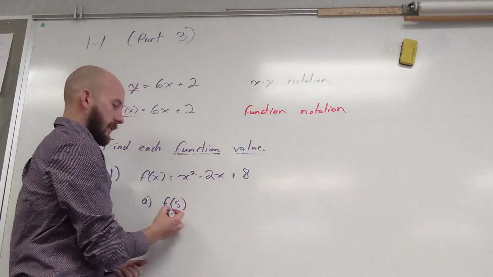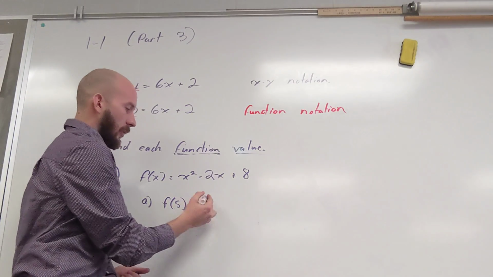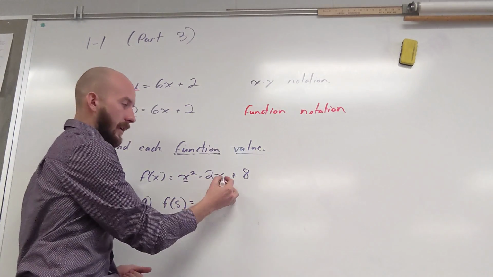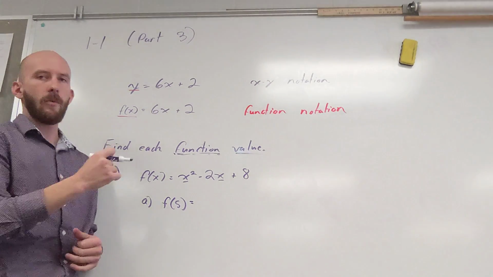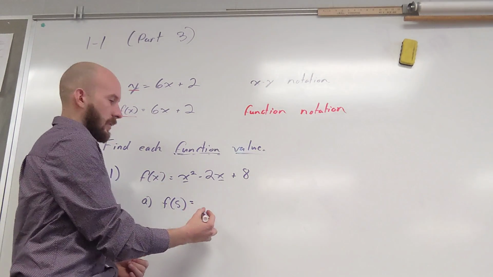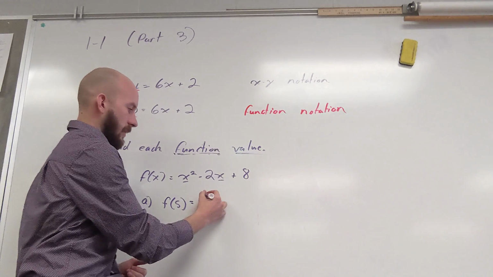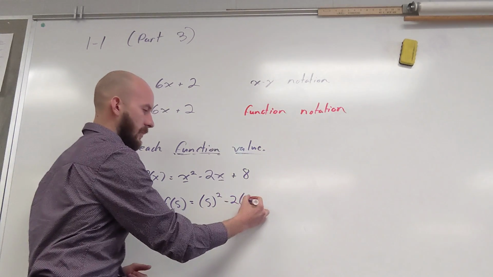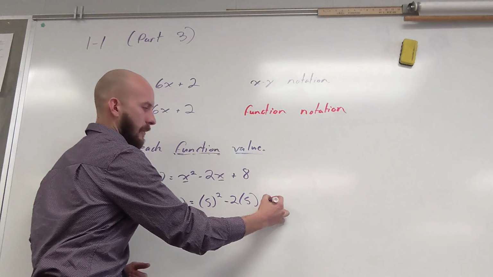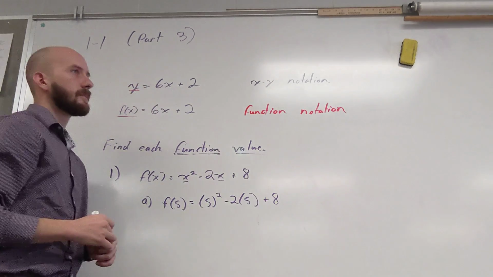You're going to replace all the x's over here with 5 and then evaluate it. So this would be 5 squared minus 2 times 5 plus 8.